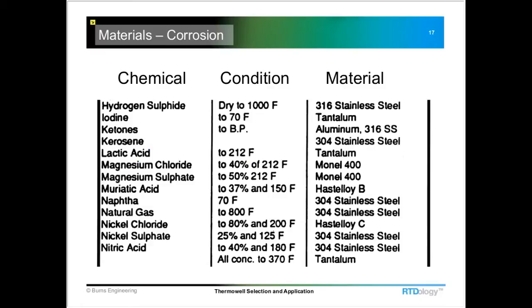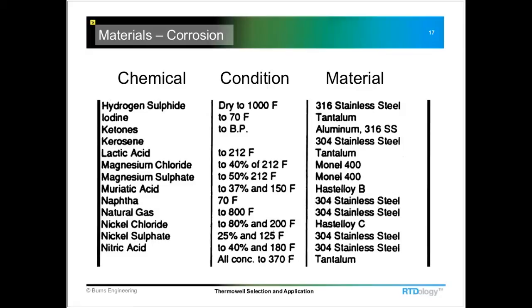First off, corrosion. There's a lot of tables available for recommended materials for the different fluids or chemicals and things that the Thermowell is going to come into contact with.